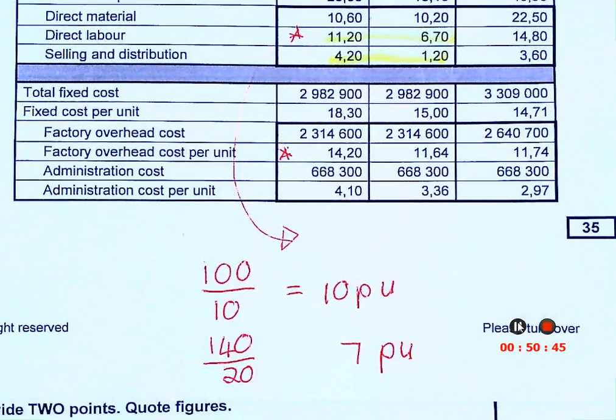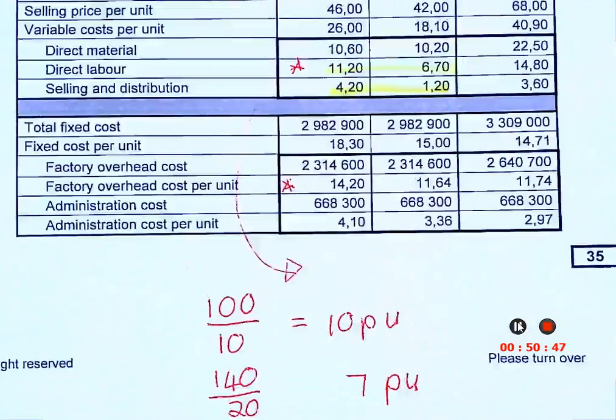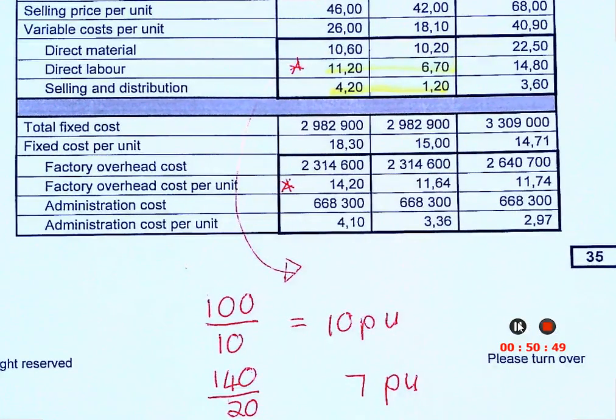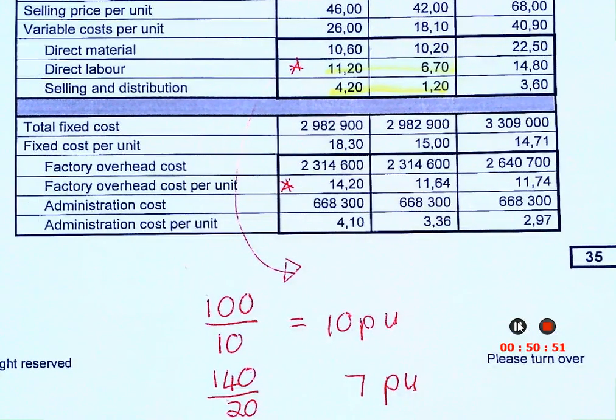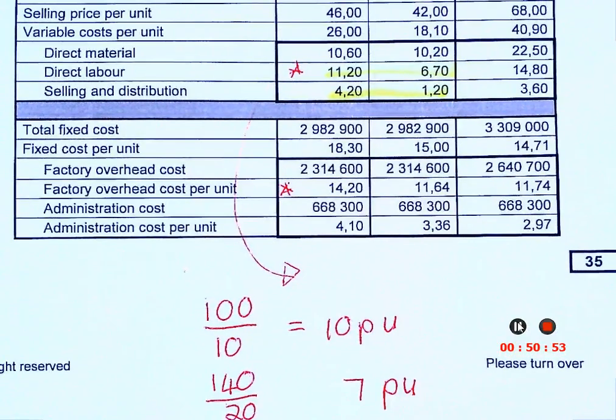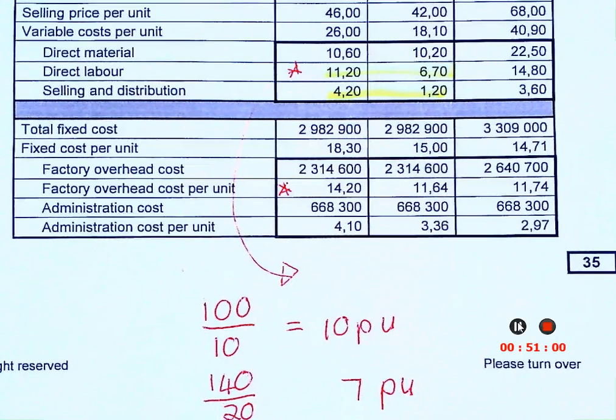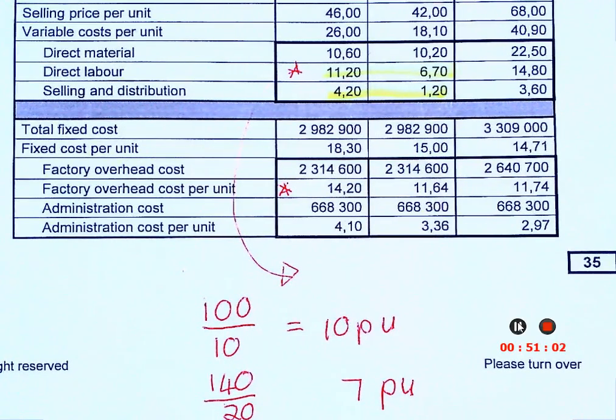Remember, fixed cost doesn't mean that the price is going to stay the same. If I'm renting this building, I've got a rent expense, and rent expense falls under factory overheads. And rent expense is a fixed cost. Does it mean that if I rent this place for 10 years, I'm going to pay the same for the next 10 years? No, there's going to be an increase every year.